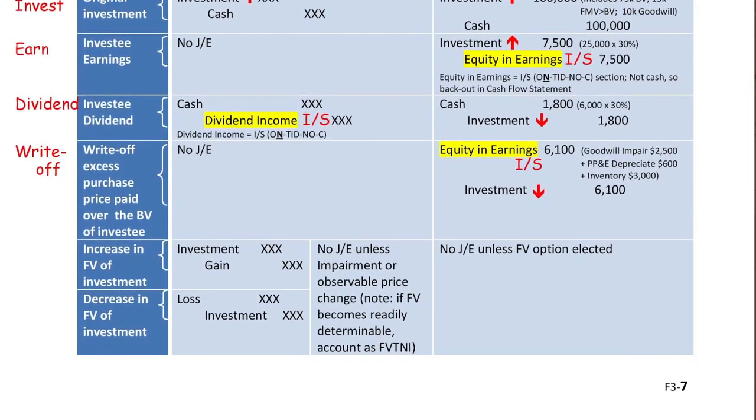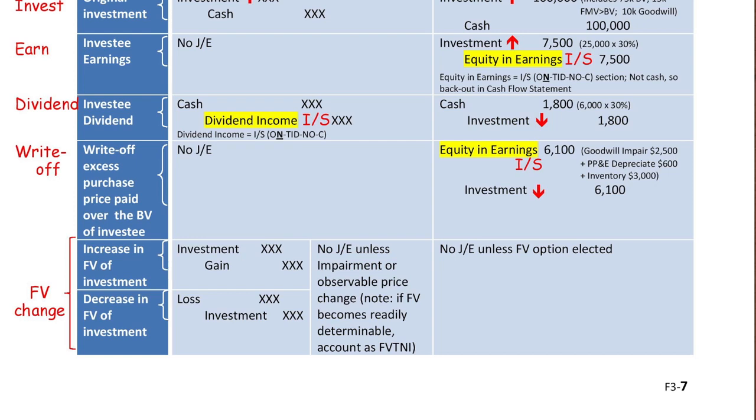And the last one, what we have here is increase or decrease in fair value of investment. Draw a bracket and write there, fair value change. And this is relevant for the fair value through net income method because both the increase and the decrease in fair value is recorded.